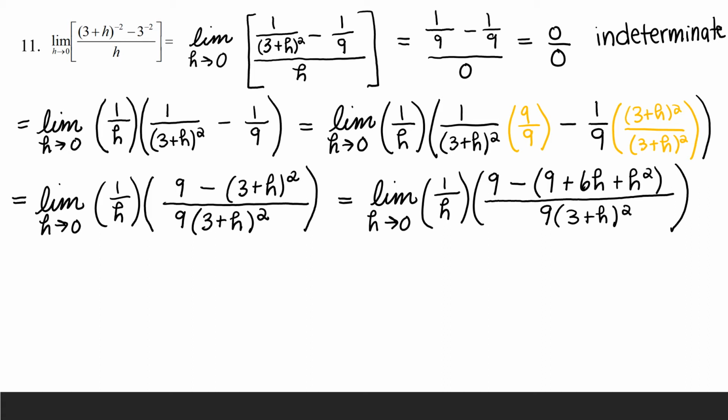Okay, now I can see that when I distribute this negative, I'm going to end up with a 9 minus 9.